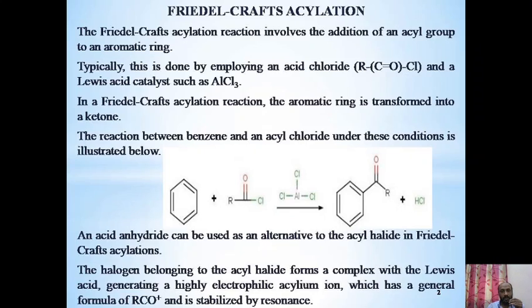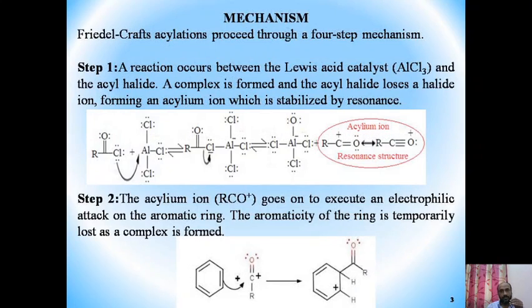The halogen belonging to the acyl halide forms a complex with the Lewis acid, generating a highly electrophilic acylium ion, which has the general formula RCO+ and is stabilized by resonance. So now you see the mechanism.